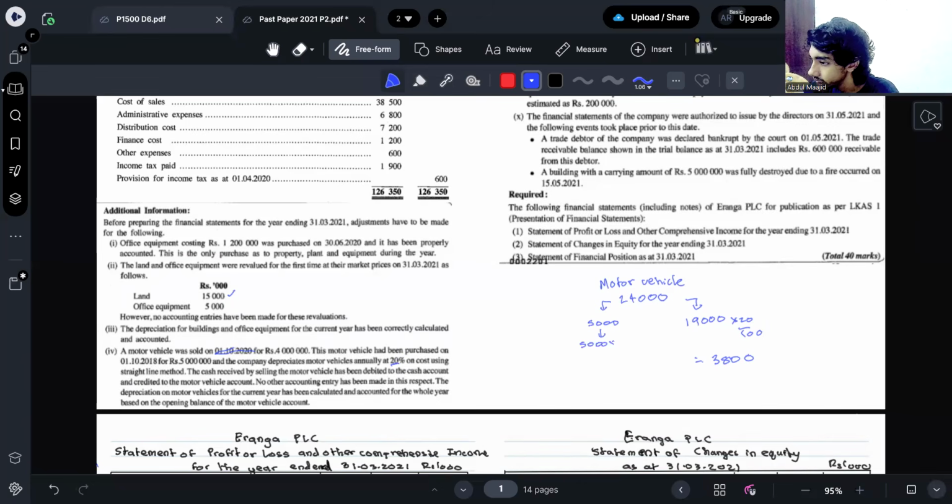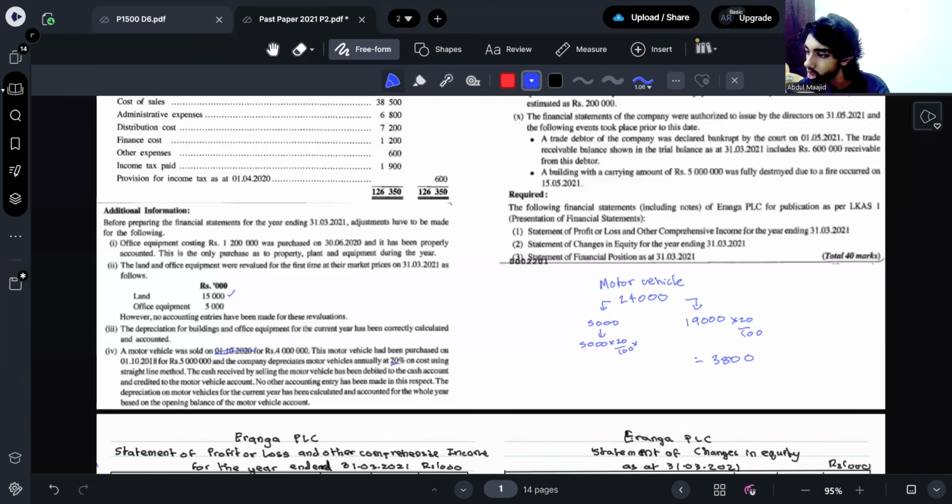Therefore, 5,000 into 20 over 100 into the period until we are disposing of it. We are disposing of that motor vehicle on 1st of October 2020. Our year starts on 1st of April 2020.